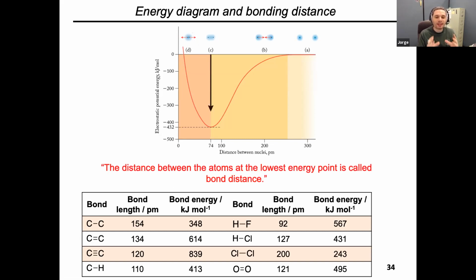Always remember that the distance between the atoms at the lowest energy point is called bond distance. And the energy reached is the bond energy. So bond lengths and bond energies are tabulated, so we don't need to memorize things.